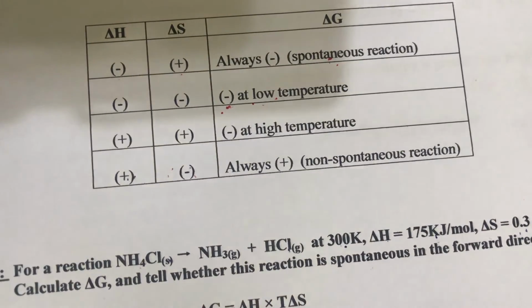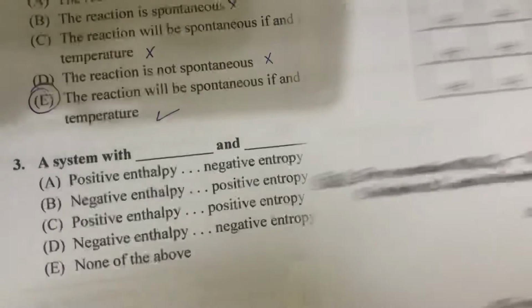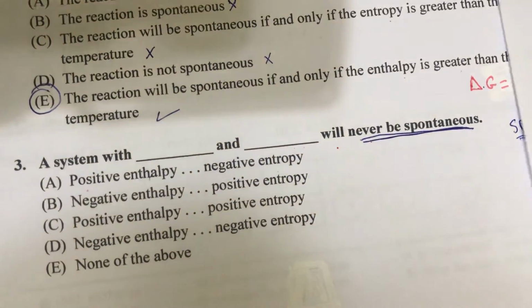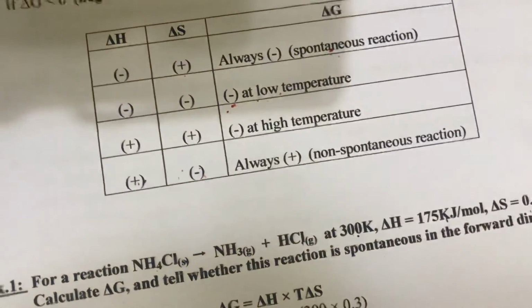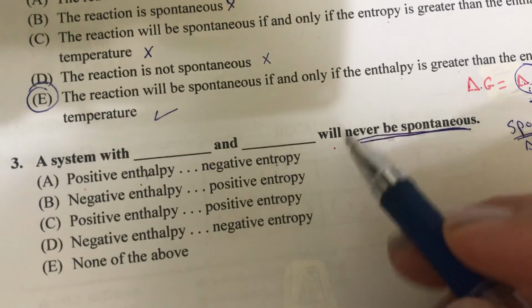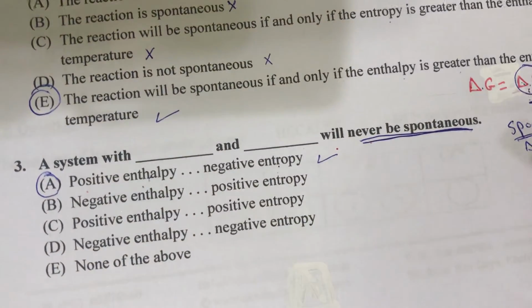So again, when delta H is positive and delta S is negative, positive enthalpy and negative entropy, this is the correct answer.